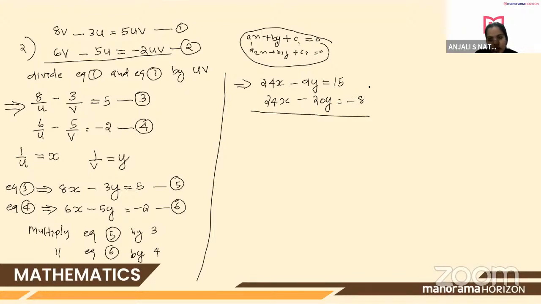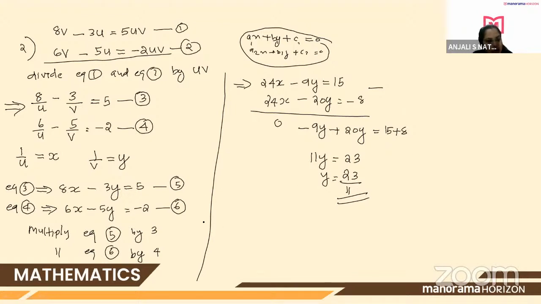So now we can subtract these equations, right? We subtract, x got cancelled, and the remaining variable is y, that is minus 9y plus 20y is equal to 15 plus 8. So 11y is equal to 23 and y is equal to 23 by 11. Now we got the value for y. Then we can put this value in either equation 5 or 6.